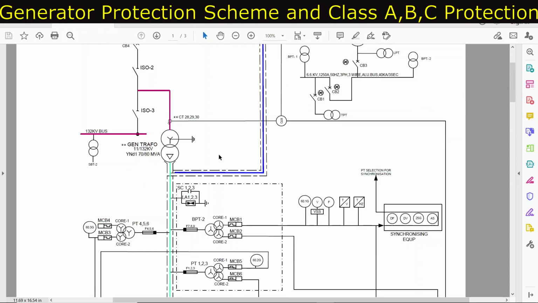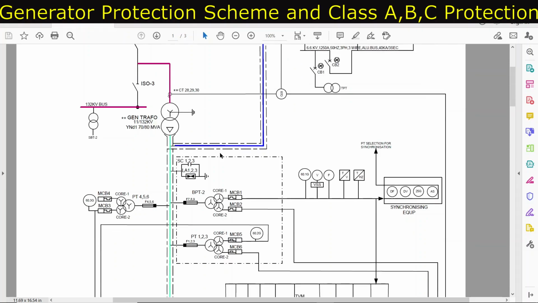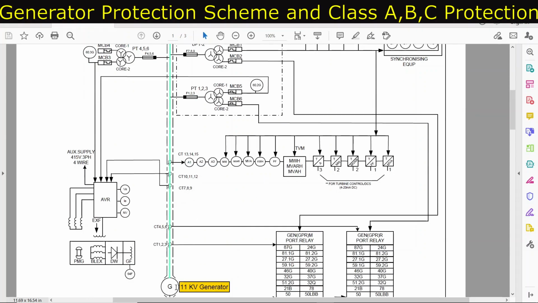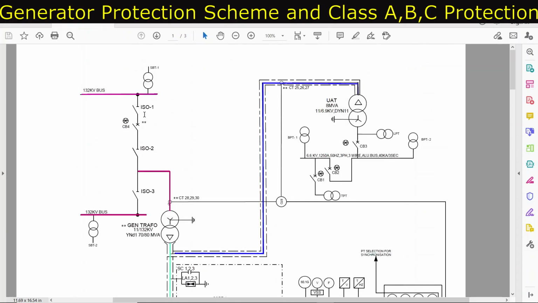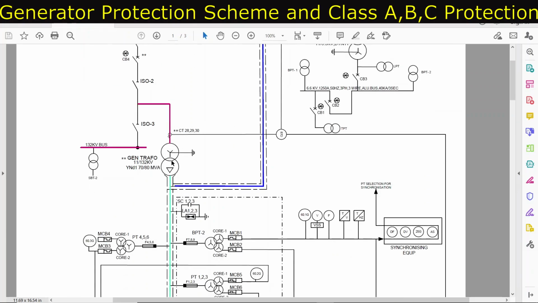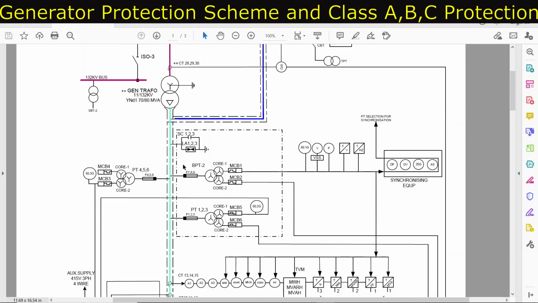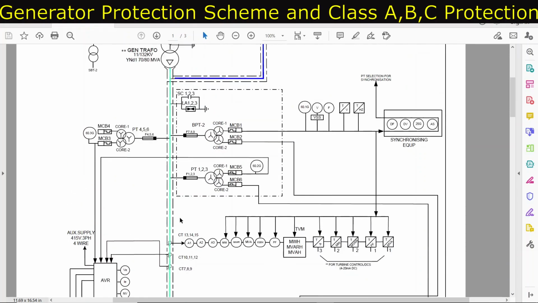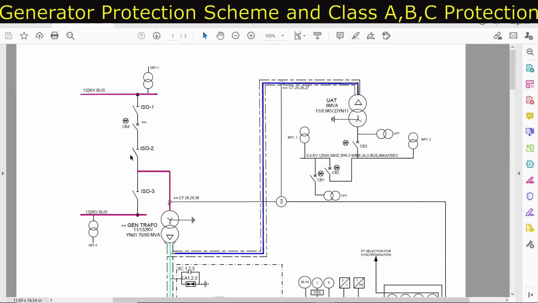So if I have to synchronize this generator with the grid, for that purpose a CT is used here. Because if you are generating the power, you need to synchronize it with the switchyard or power grid source.